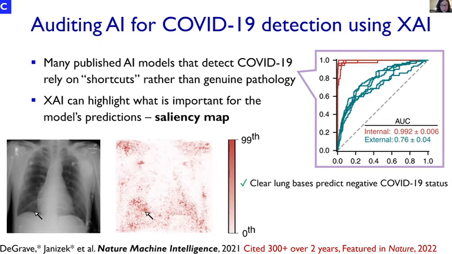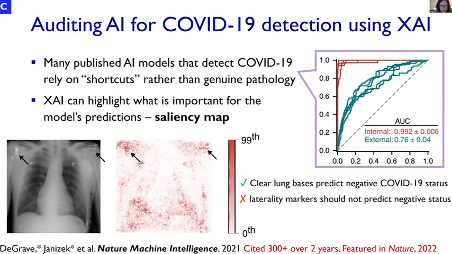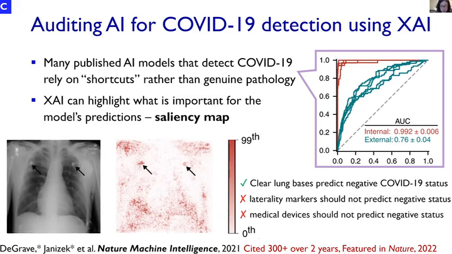It's right that the model used a clear lung base as a way to determine a negative COVID-19 status, but it's not right that the model used the laterality marks on the X-ray image or medical devices the patient is wearing. These should not be used to predict negative COVID-19 status.